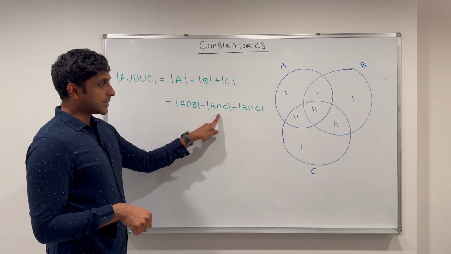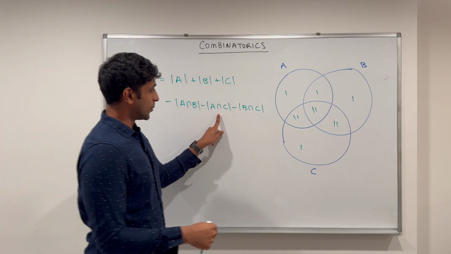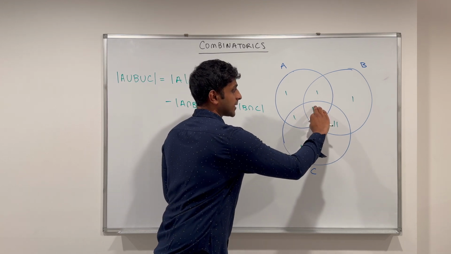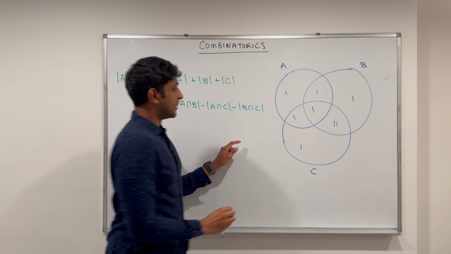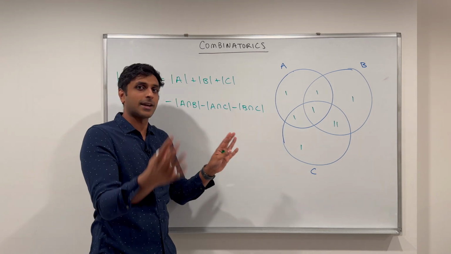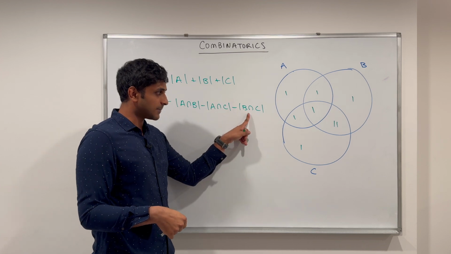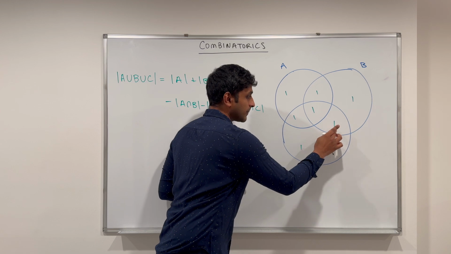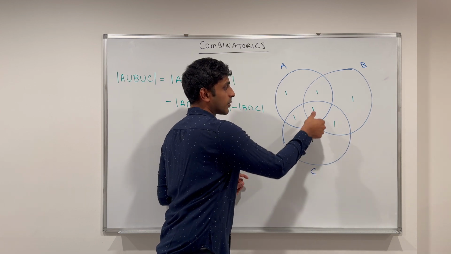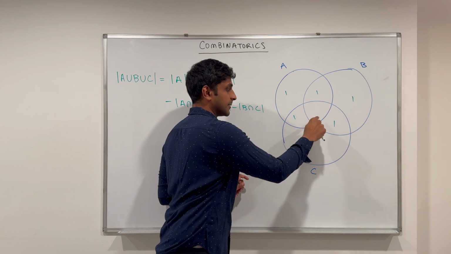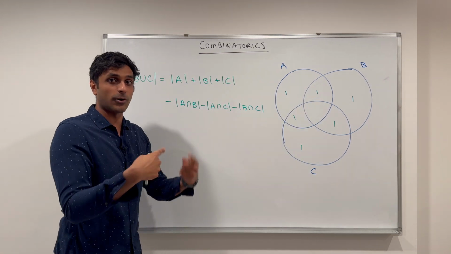When we subtract A intersection C, we are subtracting 1 from here, which is good, and we are subtracting 1 again from here, which is good, but then hopefully you see the problem that's about to happen, even though it's a better problem to have than we had before. When we subtract the size of B intersection C, we're going to correctly subtract 1 from there and make sure that we're counting that once, but we're also going to be subtracting 1 from the supercenter, the piece that is in the intersection of all 3 sets.